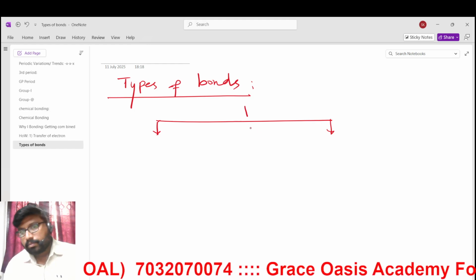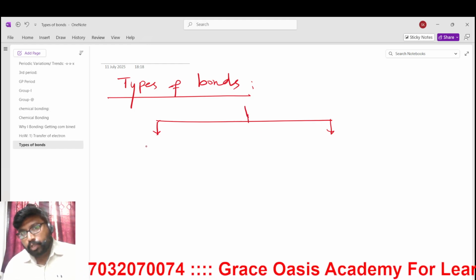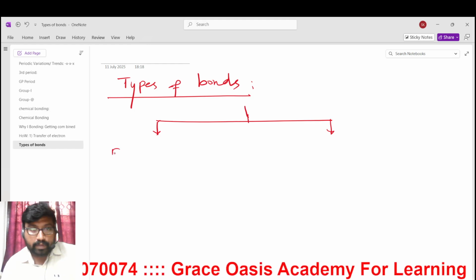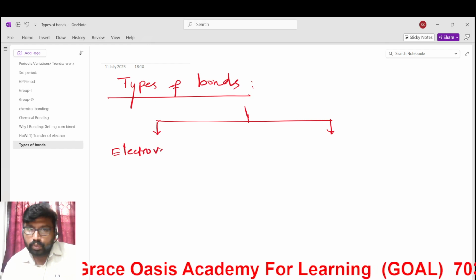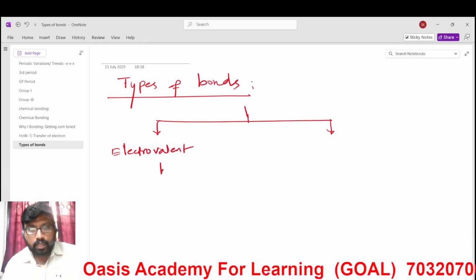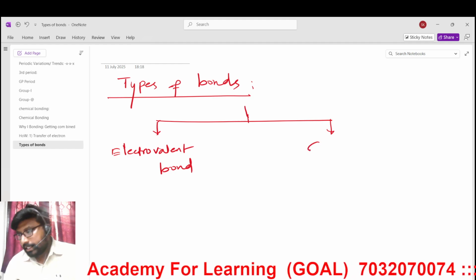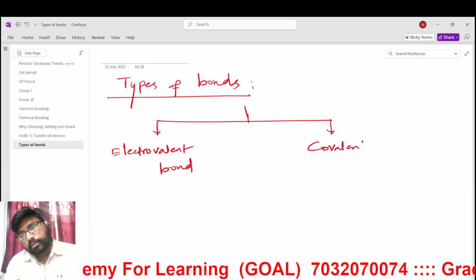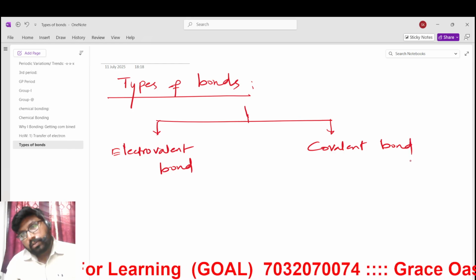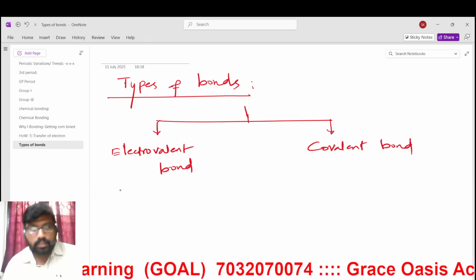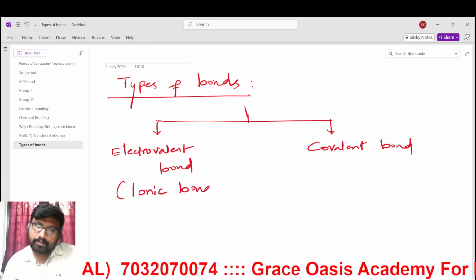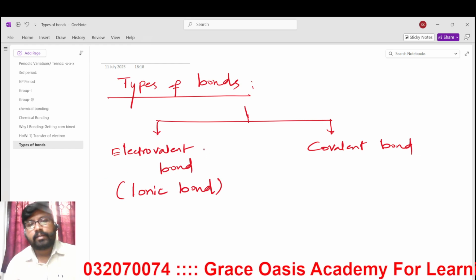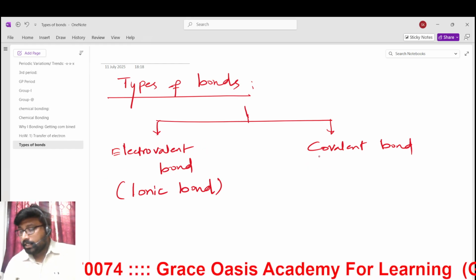There are several types of bonding, but the most important are the electrovalent bond and the covalent bond. An electrovalent bond is nothing but an ionic bond. Ionic bond or electrovalent bond, you can call it either.